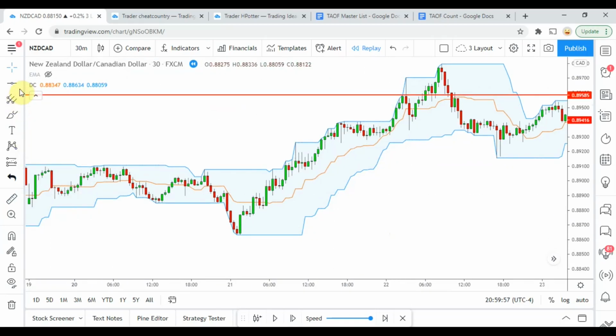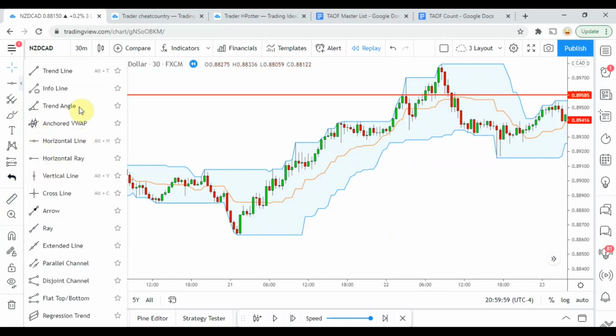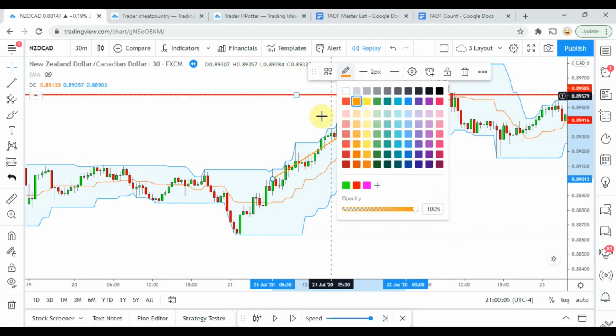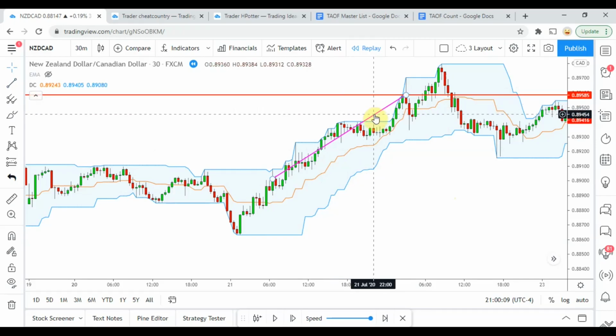And you can see that in this particular case, price ran from there all the way up to there, and that would have gotten us to take profit rather nicely.